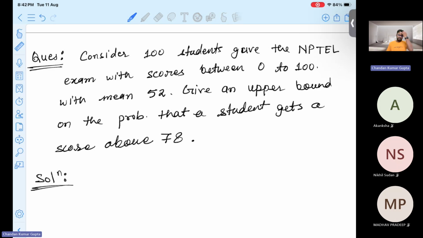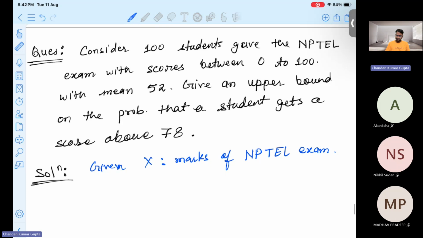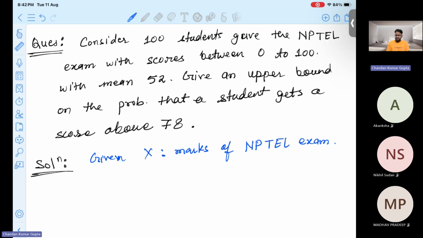Now the question is this: we need to find the probability that x is greater than or equal to 78. So what we are given? First, let me write the given. Here we are given the random variable x, which is actually nothing but marks. You also please solve and let me know the final answer. Also, we are given the expected value of x is 52.